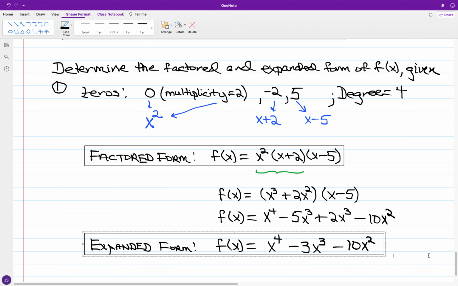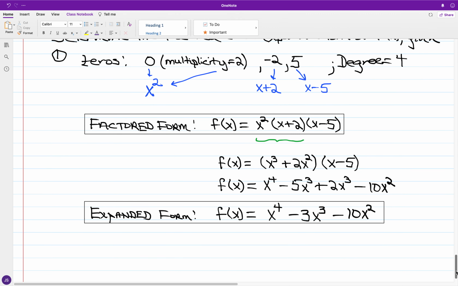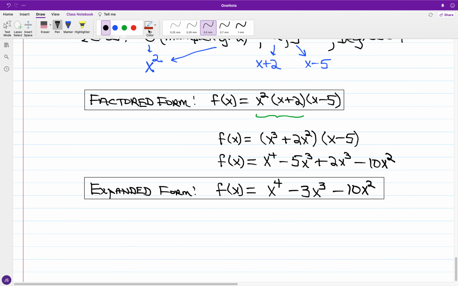Okay, so we'll be looking at expanding or determining polynomials from given zeros.